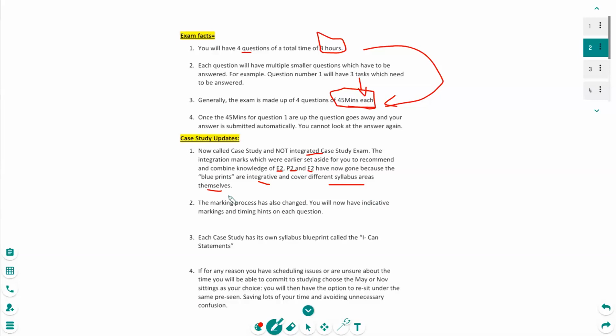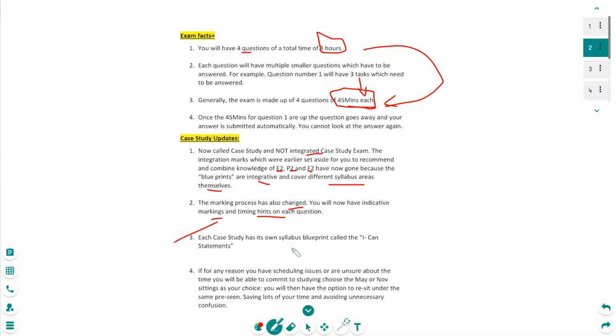So integration marks are no longer awarded. The marking process has also changed. As we will see on the next page, you will now have indicative markings and timing hints on each question. So they'll tell you that subtask A should have 55% of the time devoted to it, and subtask B should have 45%. So that's something to your advantage.